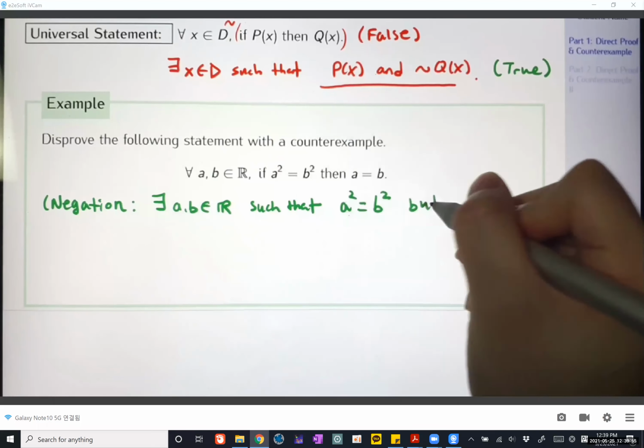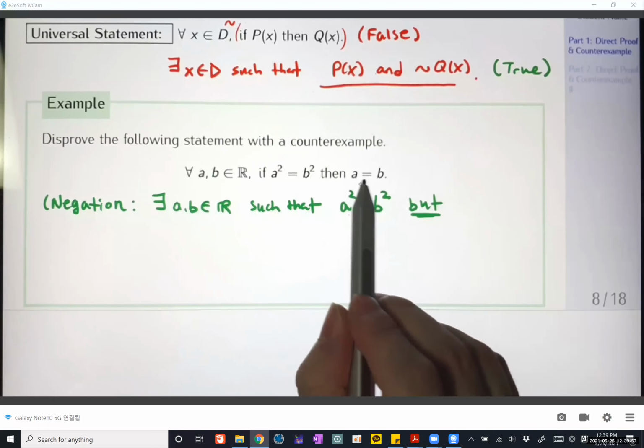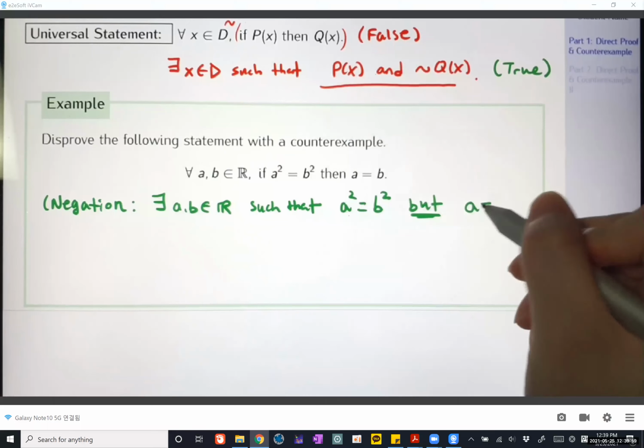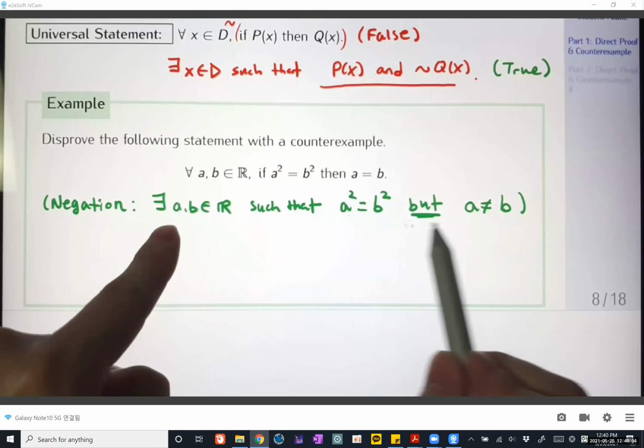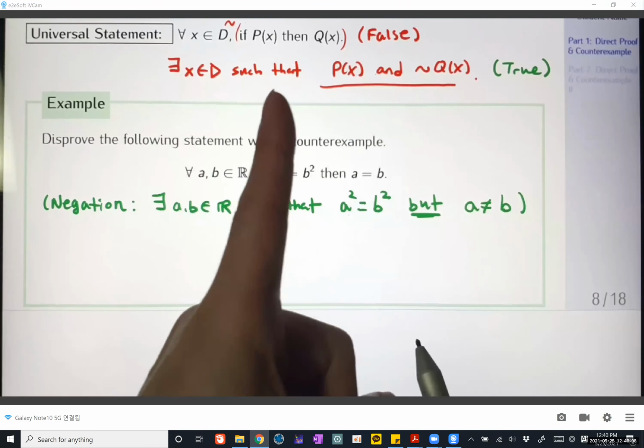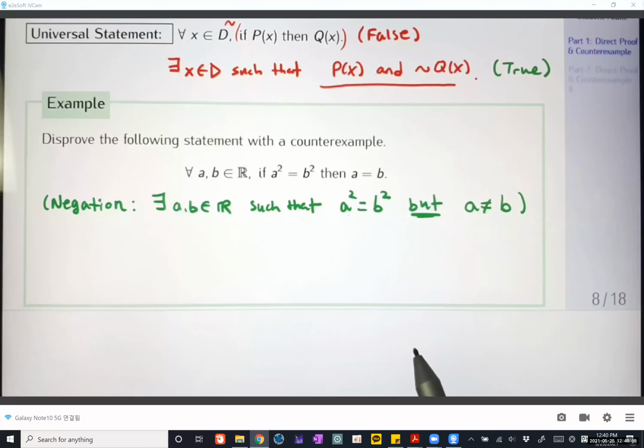But A cannot be equal to B. So our goal is to make this negation statement true by finding one example. Does anyone have a good example where we satisfy this hypothesis, A squared equal to B squared, but A cannot be equal to B? There are actually more than one example.